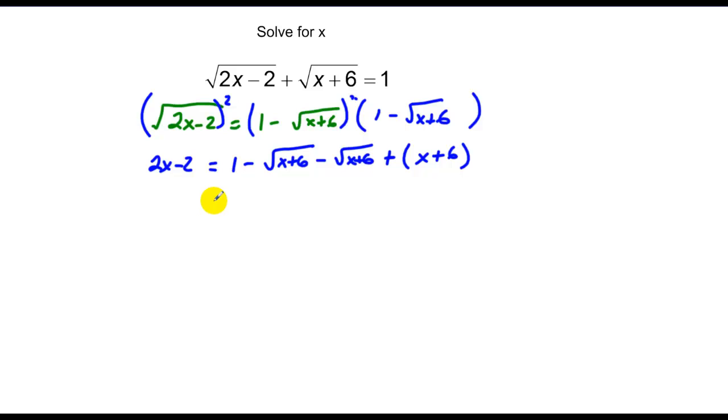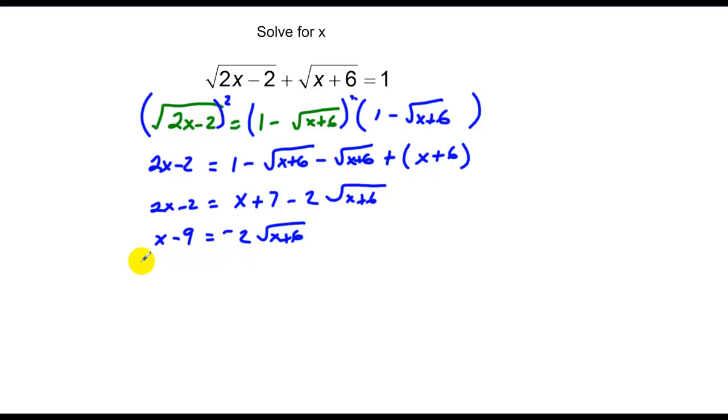Combine like terms, I have x plus 7 minus 2 roots of x plus 6 is equal to 2x minus 2. I'm going to get rid of these terms here, bring the x over, have x, bring the 7 over, minus 9 is equal to negative 2 roots of x plus 6.